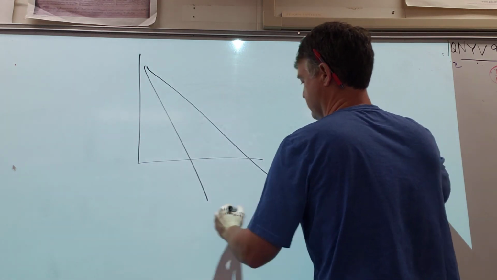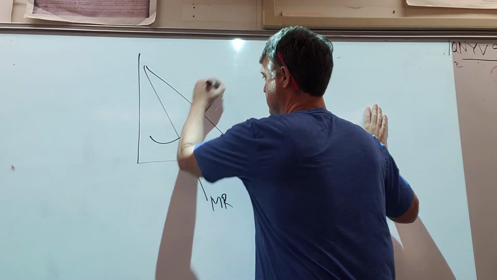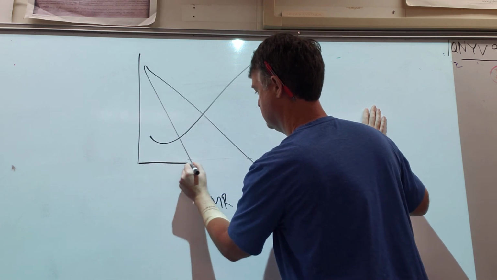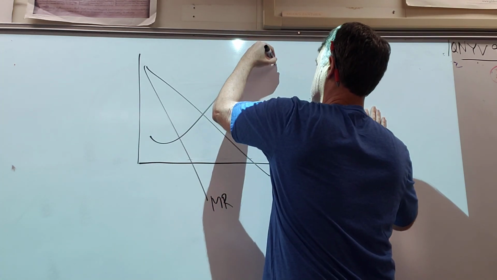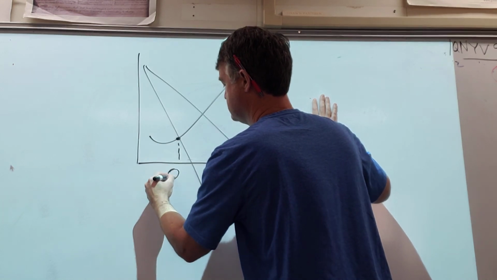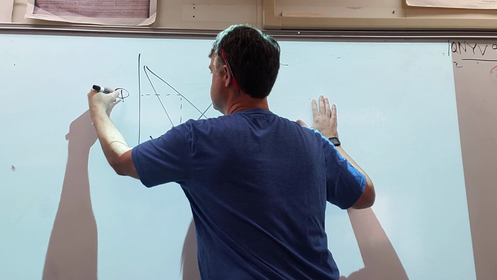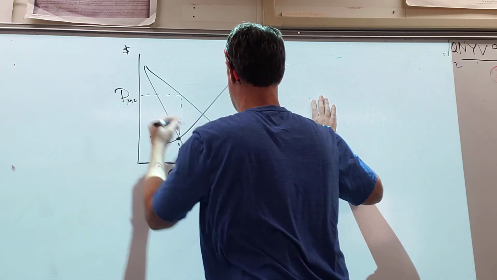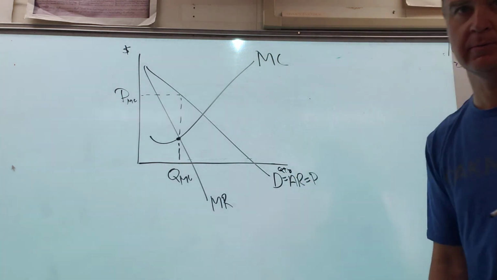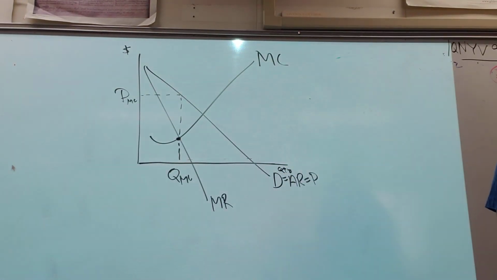Demand equals average revenue equals price, and we have a marginal cost curve. This is the quantity of the monopolistically competitive firm, and that's the price. So price and quantity, that's what we're looking at.